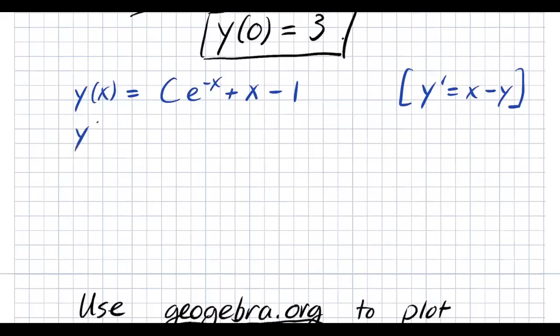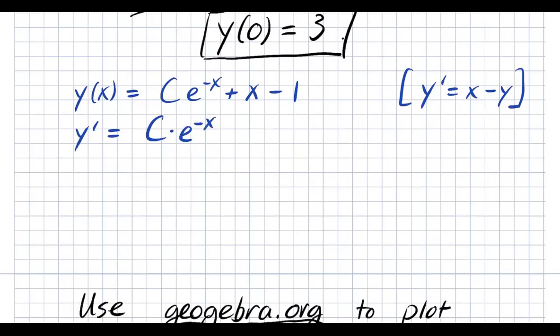So y prime is going to be, and this y of x is just saying that y is a function of x, which sometimes we write, sometimes we don't. So I'm just going to not write it in this case. Let's take the derivative of this. It'll be c times the derivative of e to the negative x.